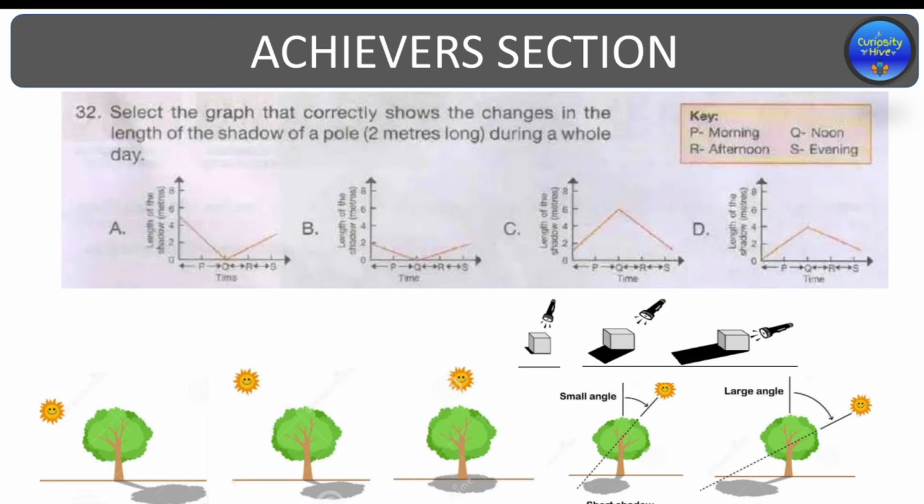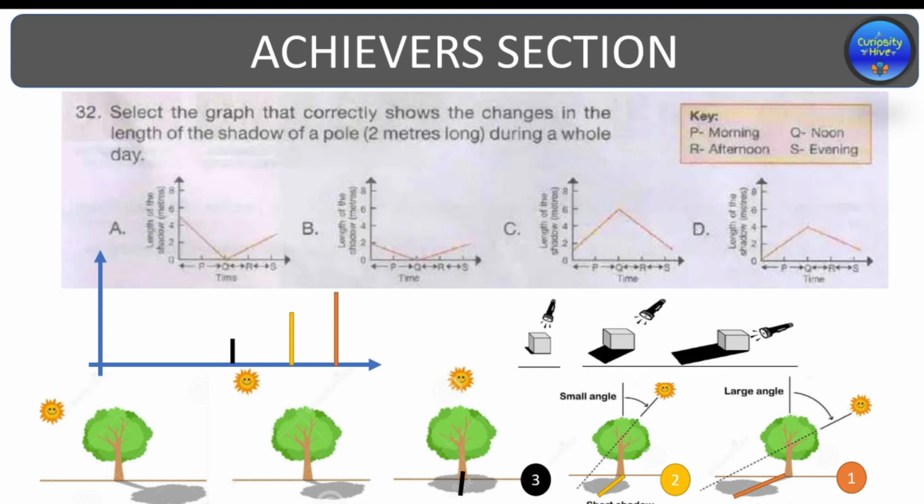Hence, if we plot the length of the shadow on a graph, if we start plotting from the first one where it is the longest, as it moves towards the central axis, it becomes shorter till noon, and then it again starts increasing as the angle of the light moves away from the central axis till the evening.